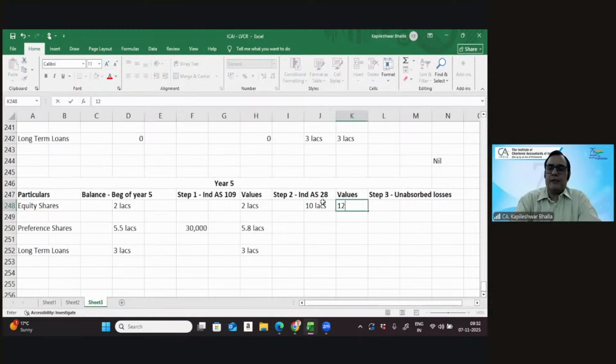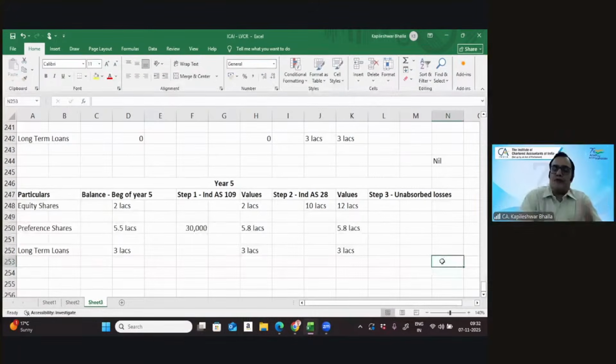So the value in this case becomes 12, this is 5.8, and this is 3 lakhs. So this gives me the figures post the reversal. And now, of course, we are not left with any amount of losses to be taken in this case. Wonderful. So this is the treatment of other long-term interest as far as Ind AS 28 is concerned. Right, friends. So I think that was simple and straight indeed.